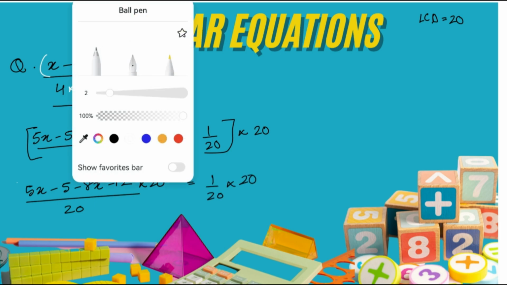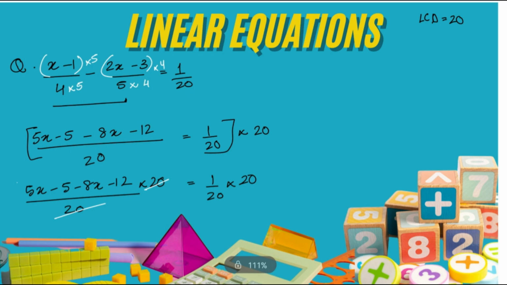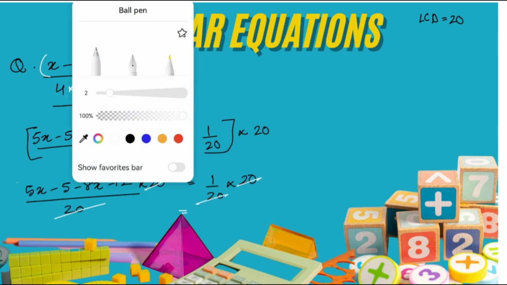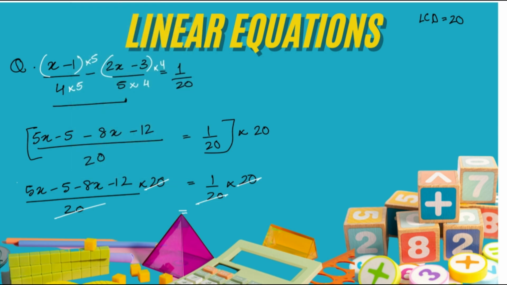So the 20 on both sides gets cancelled, denominator and numerator get cancelled, and we are left with 5x minus 8x, that will be -3x, and then minus 5 minus 12, we get -17 is equal to 1. So -3x minus 17 is equal to 1.